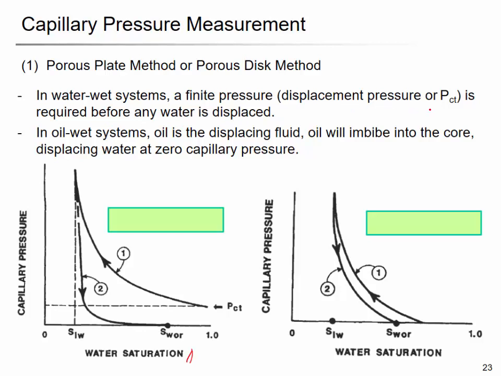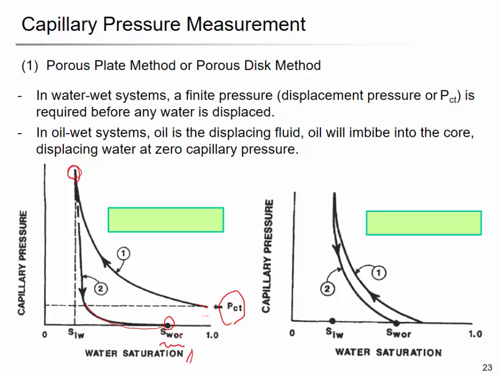So here is the displacement capillary pressure. And then the water saturation starts to decrease as you increase the pressure, and then this is the point where you have residual water saturation. And when you decrease the pressure, it is going to suck up the water again, and then it will go to here.